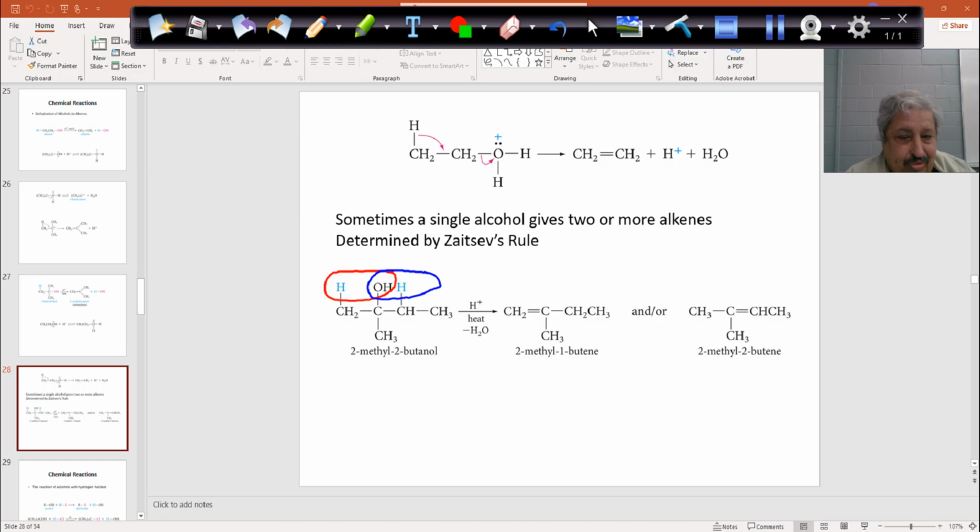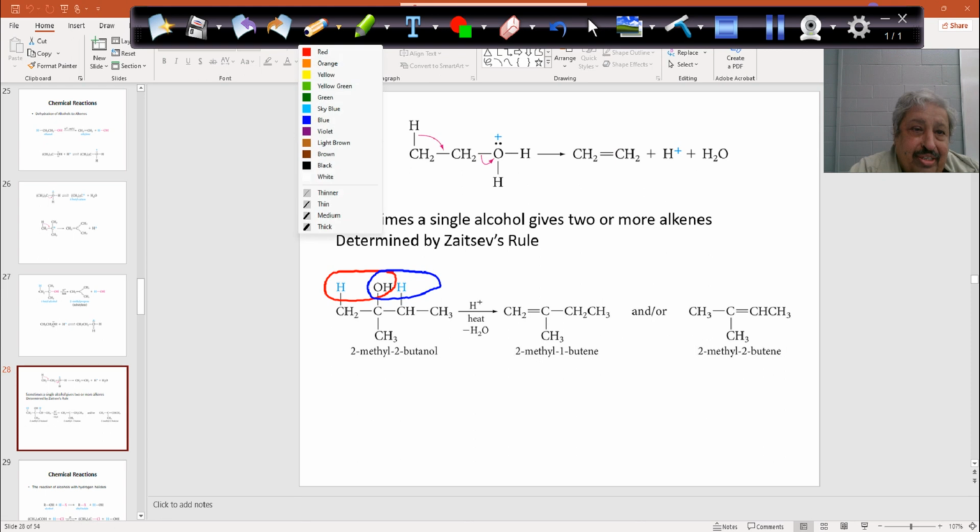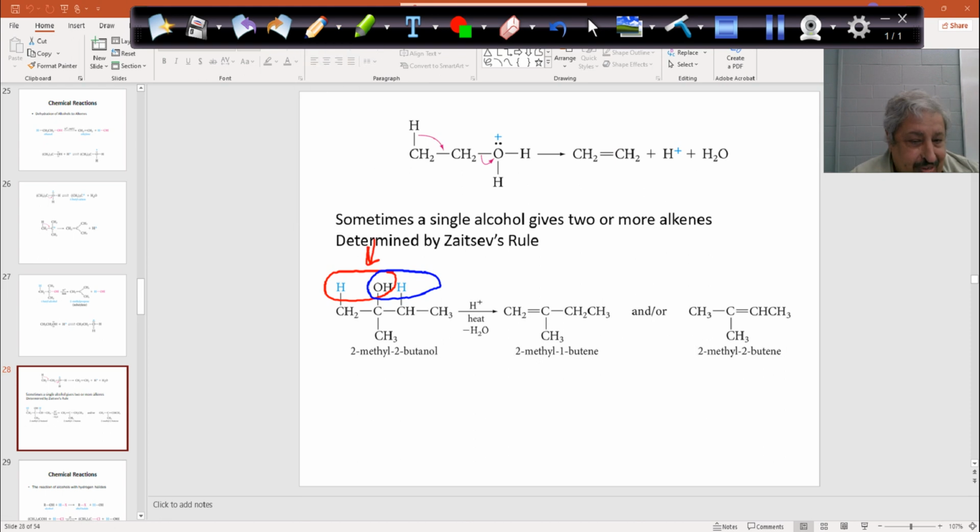So two possibilities to pull out the OHs, correct? So if we are pulling the OH from here, so the double bond will be where? So I'm pulling here, correct? So I'm getting what? This one here. If I'm pulling the OHs from this side here, I'm expecting to have this. So this is plus here. Okay, guys?